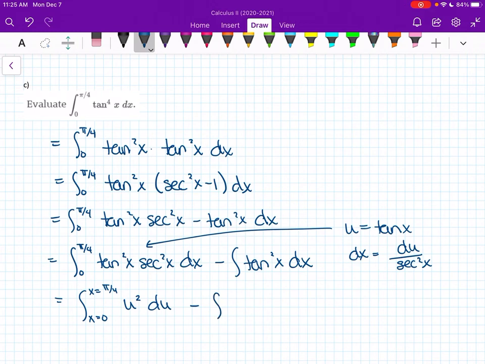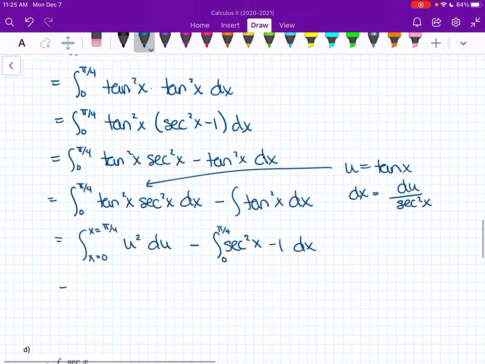And then this one over here is an even power of tangent again. So we're going to convert it to secants. So I get sec²x − 1 from 0 to π/4. And so now this first integral is going to be u³/3, but u is tangent, so tan³x/3. And then over here, the derivative of tangent is secant squared, so the integral of sec²x is tan x.